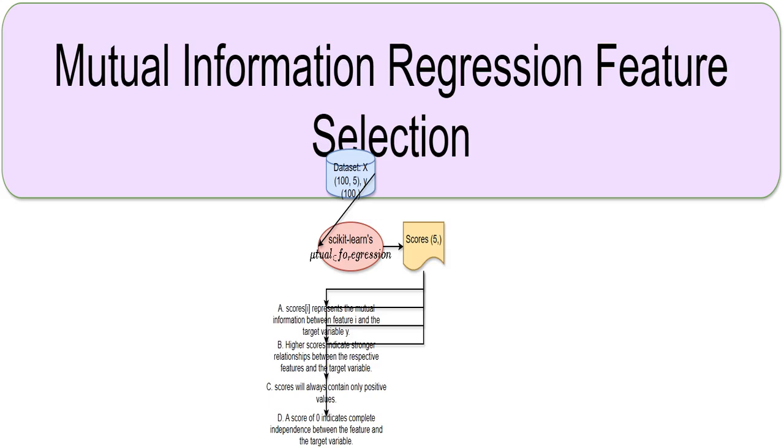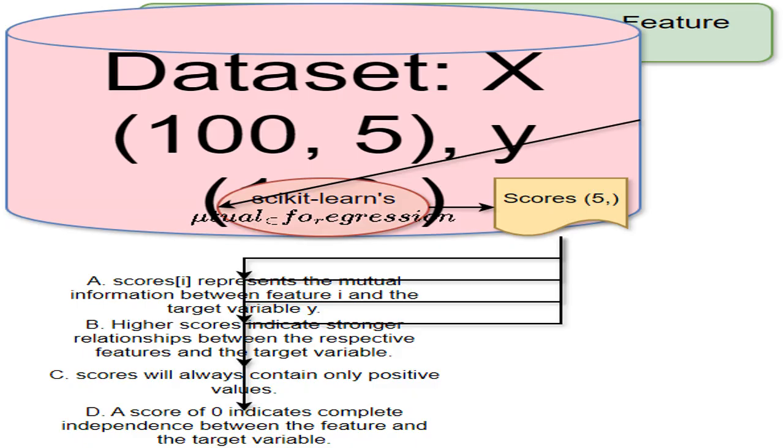I am using mutual information regression to select the best features for my prediction model. This method helps me find features strongly related to the target variable. My dataset has 100 samples, each with 5 features X, and a single target variable Y for each sample.